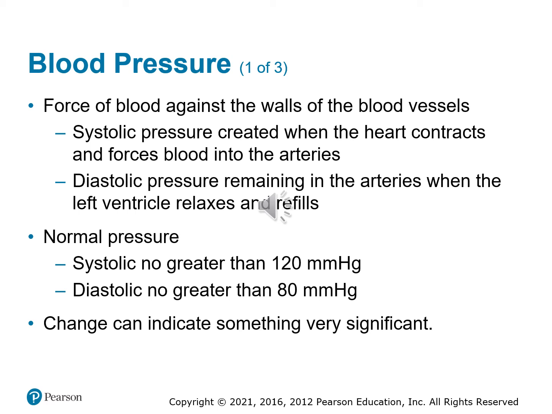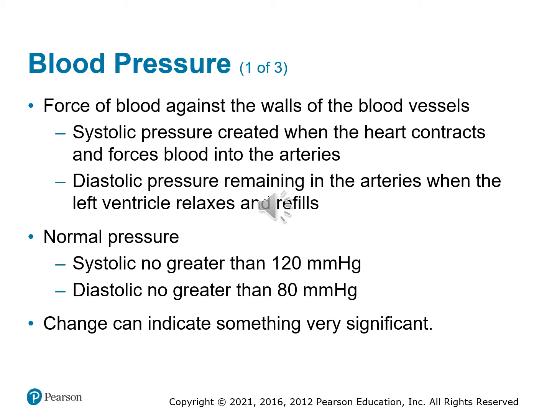Normal, and I use this term loosely because everybody has a different normal, but the textbook says normal is the systolic pressure being no greater than 120 and the diastolic pressure being no greater than 80. This has changed a lot over the years, but right now the numbers are 120 over 80. Like we said, a change in that can be something very significant.